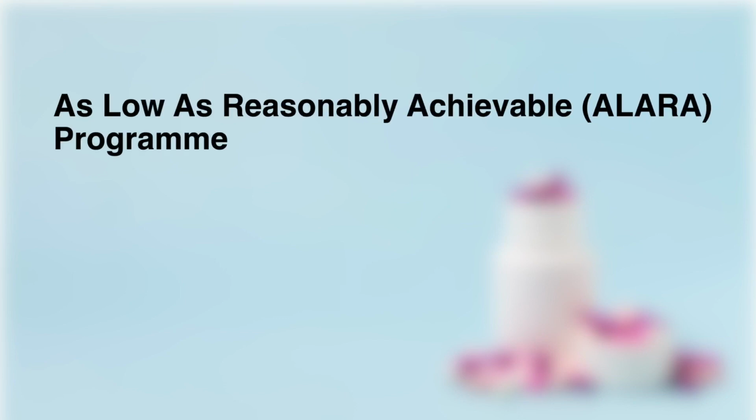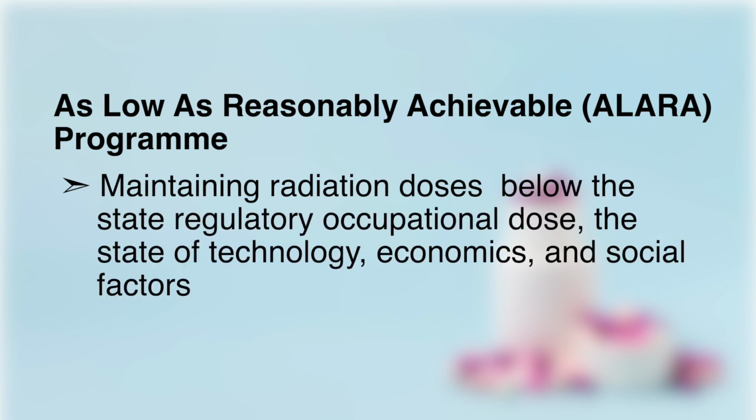A key concept underlying radiation protection programs is keeping each worker's occupational radiation dose, which is also most important, as low as reasonably achievable, that is ALARA. It is a program that especially involves maintaining radiation doses to workers within the state regulatory occupational dose limits, and reasonably achievable, that is, taking into consideration the state of technology, economics as well as social factors.